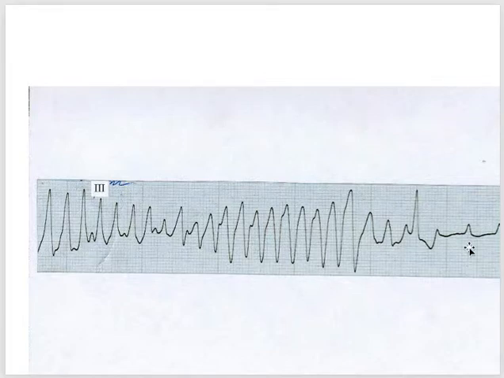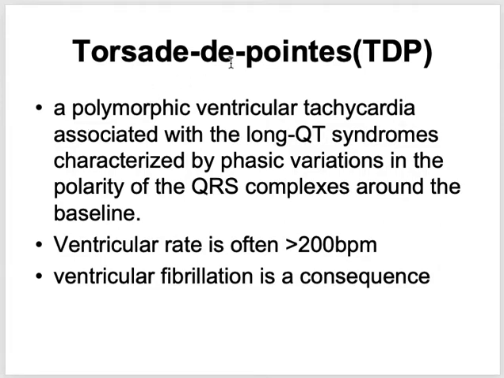Now, what is the importance of this? First of all, I would like to tell you what torsades de pointes is. It is basically a French term, and the exact meaning is twisting around the strings, or twisting around the peaks.